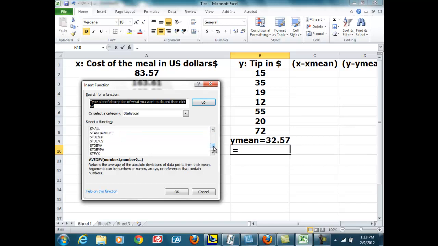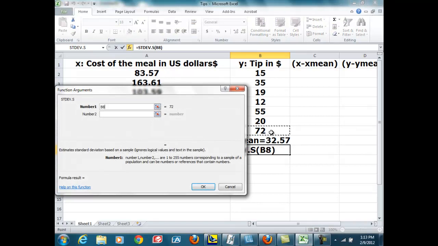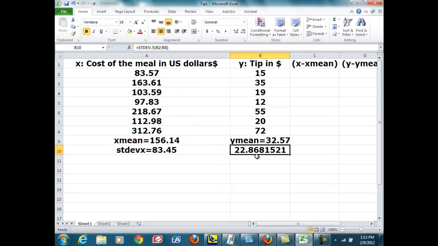Okay. All right. So standard deviation sample. Of who? Of these guys. Be careful. Okay, so that's what? $22.87, right? Okay, and who is this? Is the standard deviation of Y values.